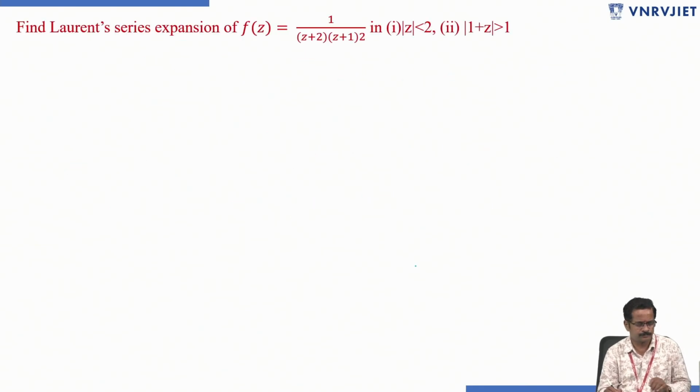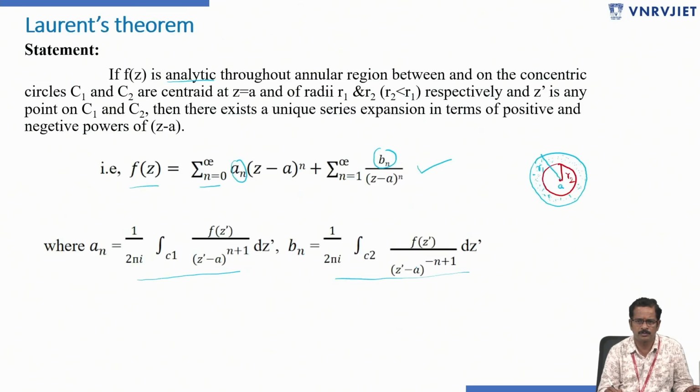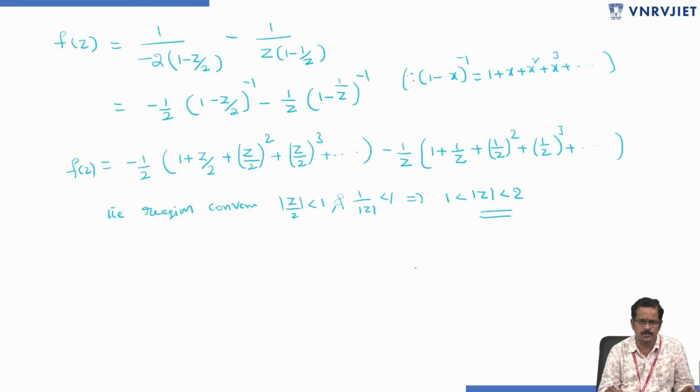Next, the second one is mod z greater than 2. Second question, mod z greater than 2. Mod z greater than 2 is nothing but you should take 2 by mod z less than 1.